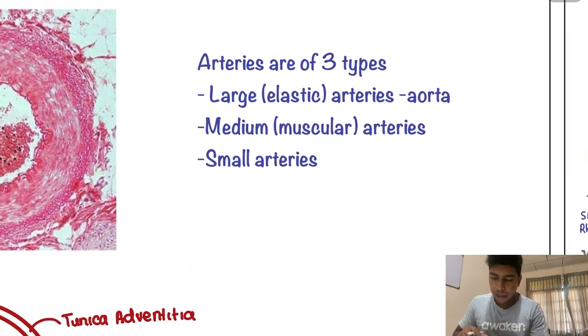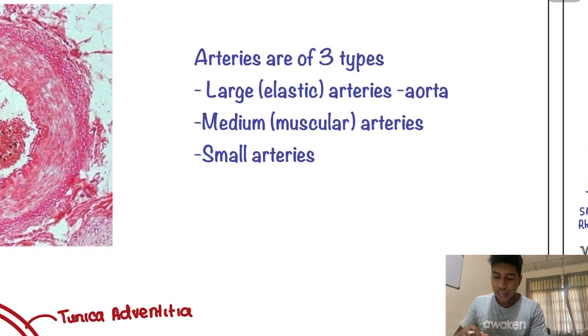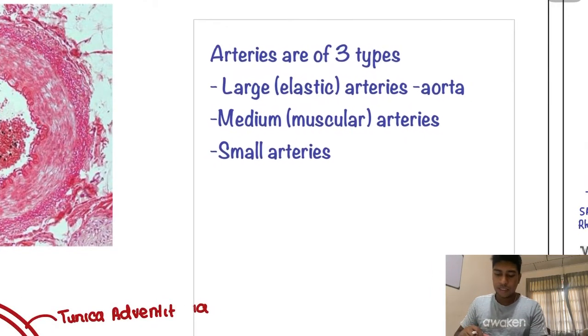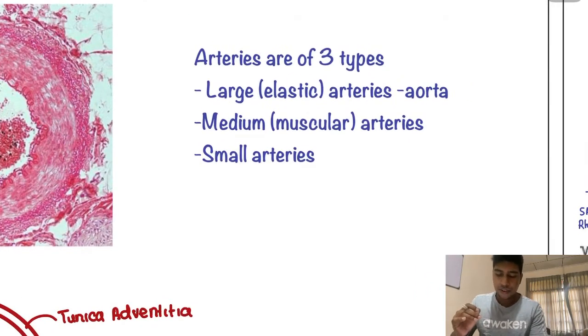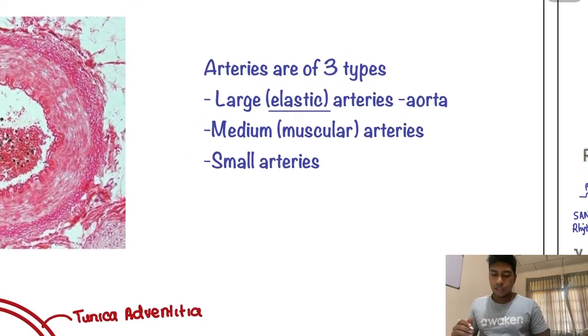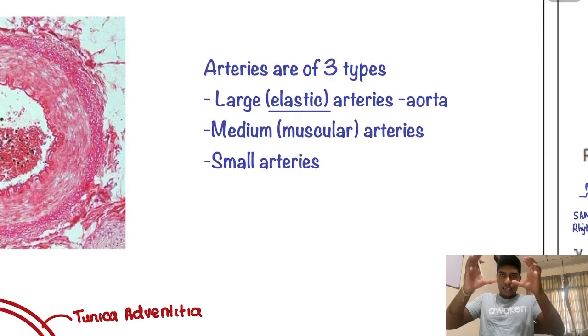Now, if you remember, I talked about a word called sclerosis. Sclerosis, that is hardening of the arteries. That is going to affect mainly the elastic membranes. The elastic fibers are what is going to get affected. Sclerosis is the hardening of the artery, the aorta.